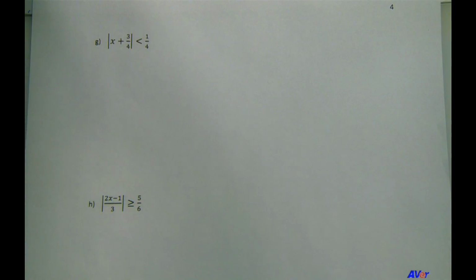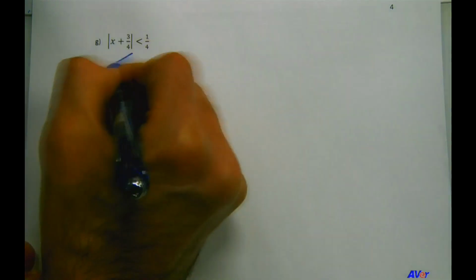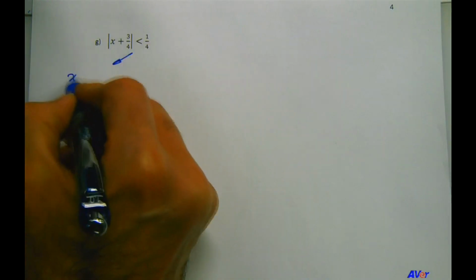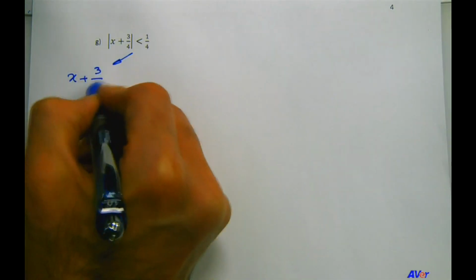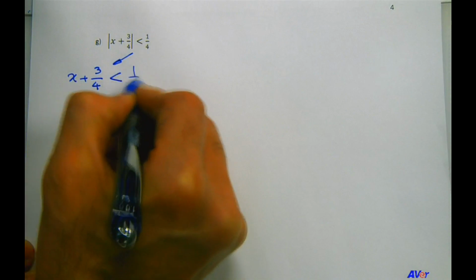On the next page, we have something. It's an absolute value inequality, but we've got fractions involved, right? No sweat. It's the same procedure. How is that? This is how. We have the absolute value of x plus 3/4 less than 1/4, right?